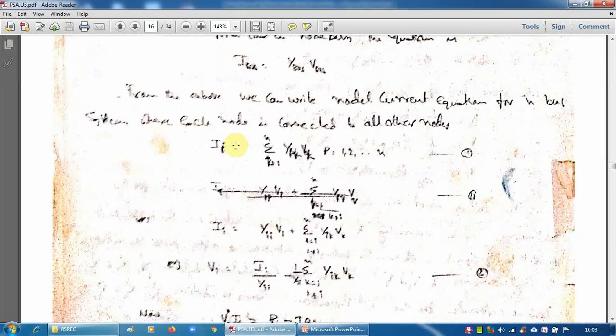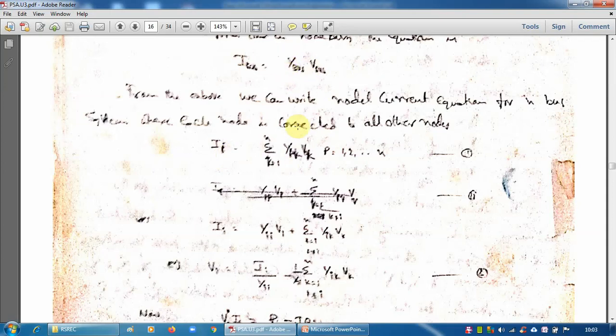Hope you are all clear on this. These are all useful, we are going to obtain them many times in our discussion. This is the general performance equation of the given network in nodal equations form, and this is one current from this equation, the ith term of this equation.